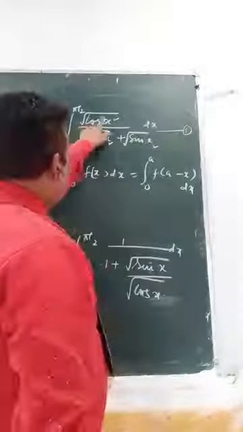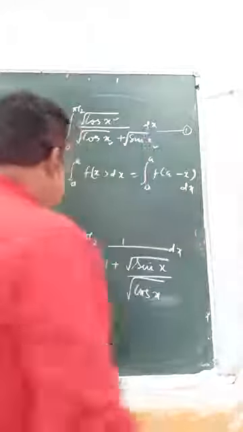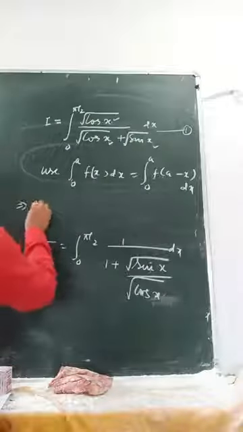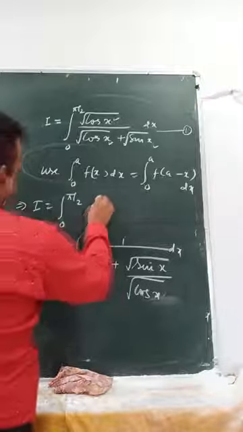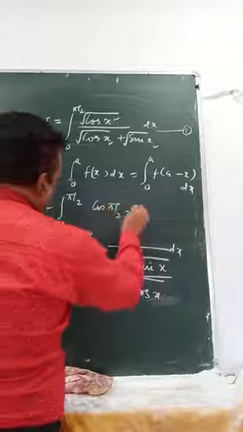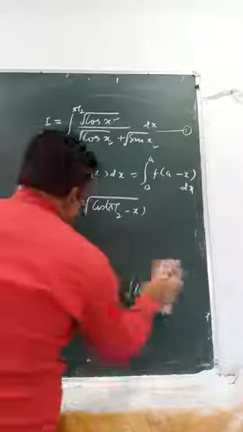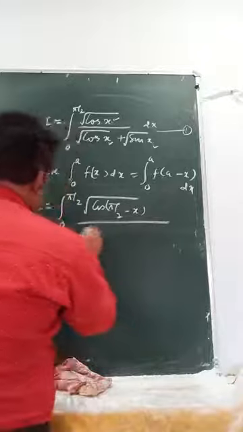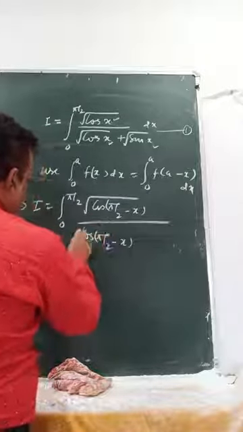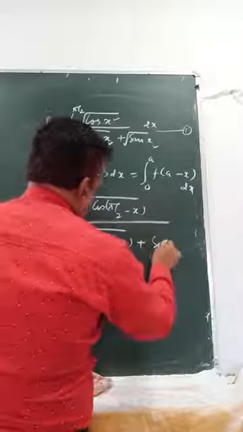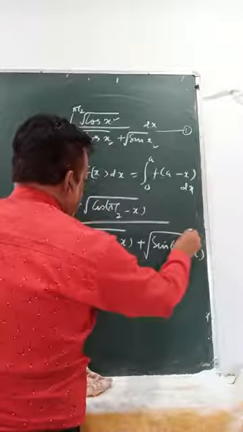This will be cos(pi by 2 minus x) and sin(pi by 2 minus x). So I equals integral from 0 to pi by 2 of root cos(pi by 2 minus x) by (root cos(pi by 2 minus x) plus root sin(pi by 2 minus x)).